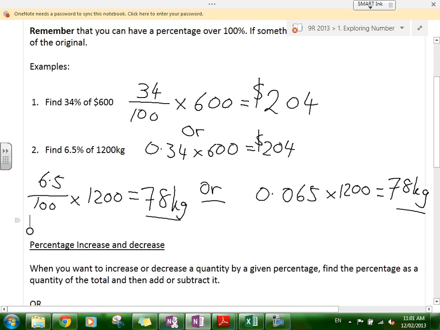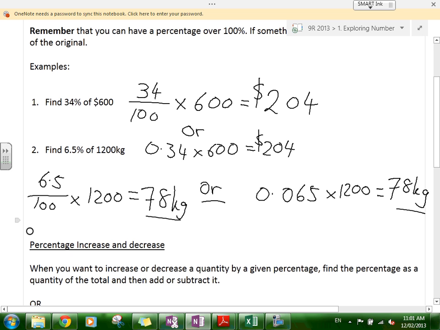So the next heading I'd like you to put is percentage increase and decrease. There's two methods you can use for this. Either one is as quick as the other, really, because once you get familiar with it, it's very quick to do. When you want to increase or decrease a quantity by a given percentage, find the percentage as a quantity of the total.